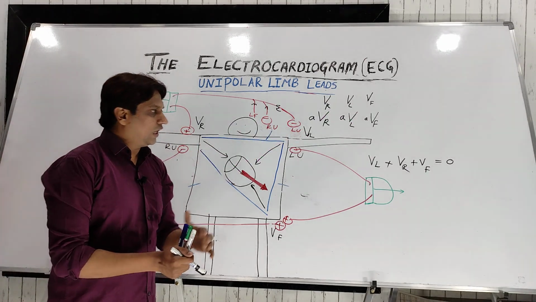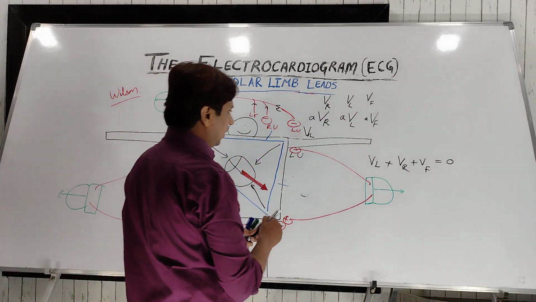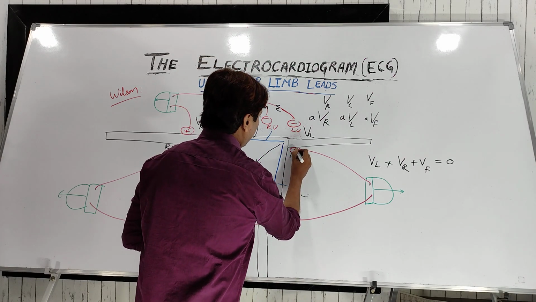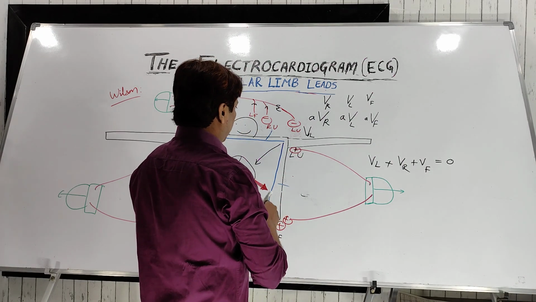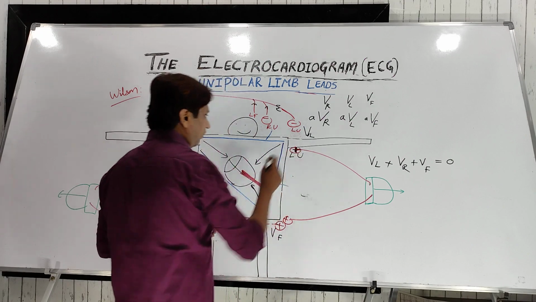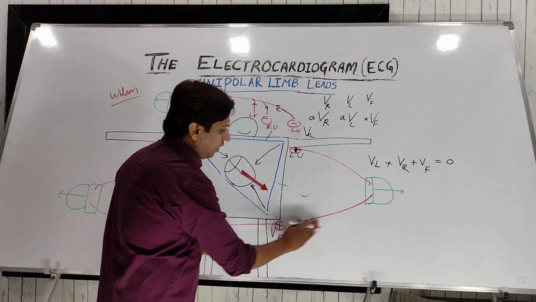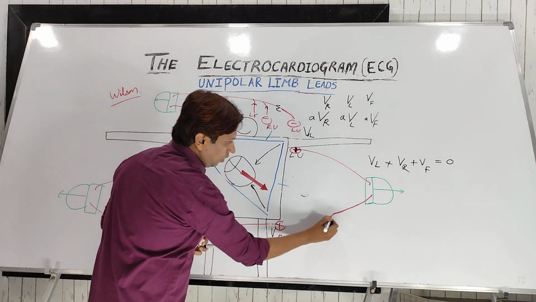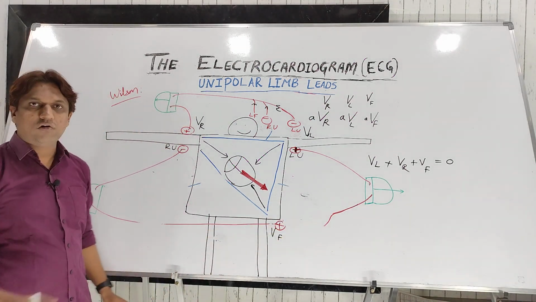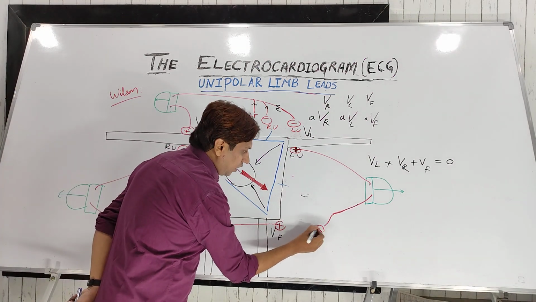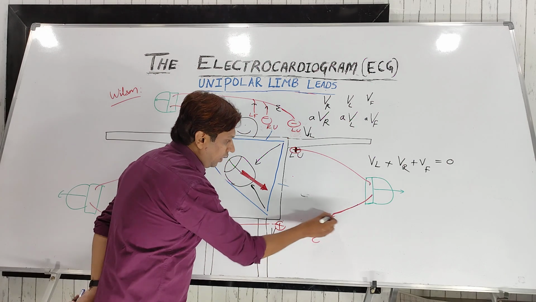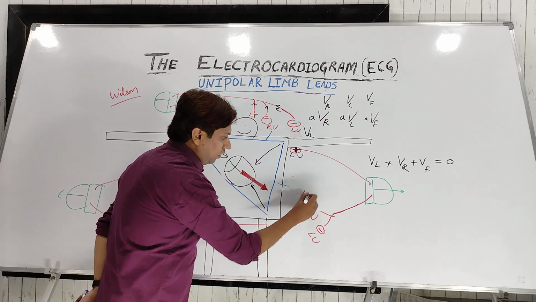Similarly, for VL, he has kept a positive electrode on the left upper limb, and the negative electrode is made an indifferent electrode by connecting the negative terminal to the left upper limb, the right upper limb and the left foot.